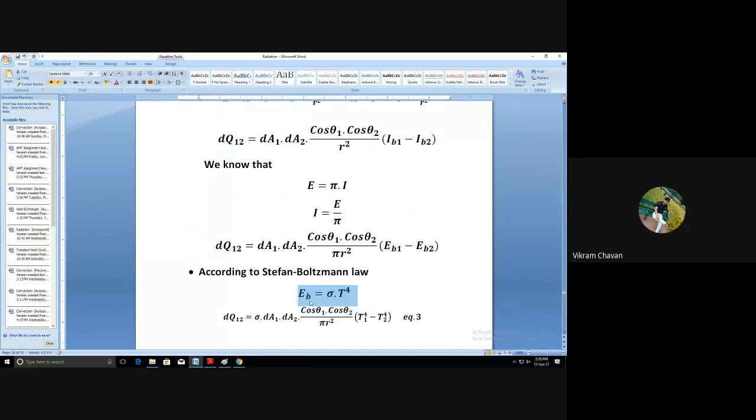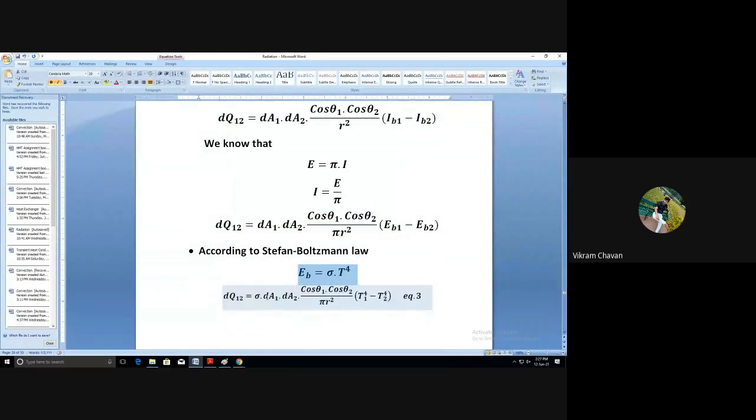So Eb1 is equal to sigma multiplied by T1 raised to 4, and Eb2 is equal to sigma multiplied by T2 raised to 4. Sigma is common in both the terms, so we take it outside the bracket, and what will remain inside the bracket?